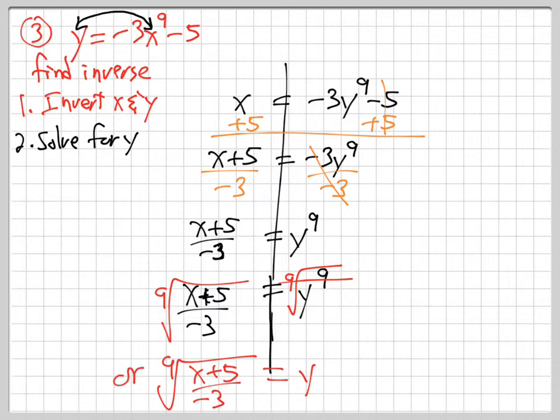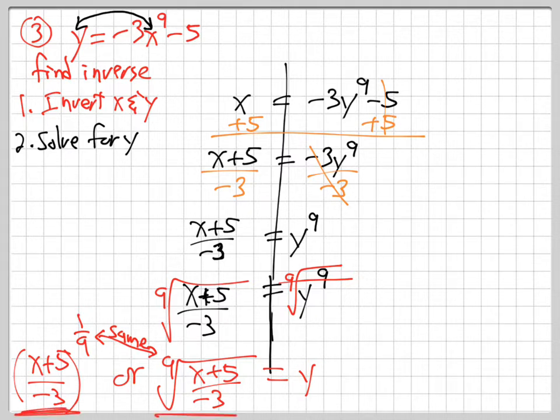Or, I want to show you another way, because on the multiple choice exam we take, they could write that another way. Do you know that it's the same thing if you write x plus 5 over negative 3 to the 1/9 power? 1/9 power is the same as a 9th root. A 9 in the hook or a 1/9 power. Those are two ways to say the same thing.